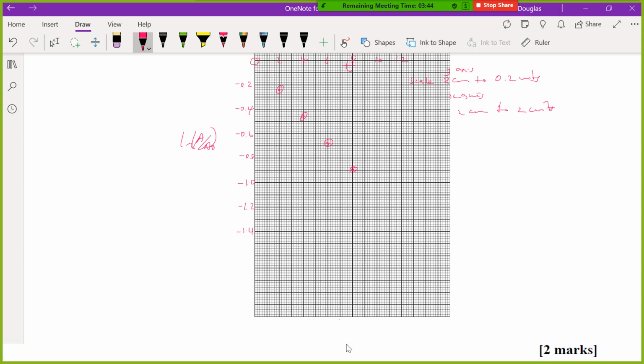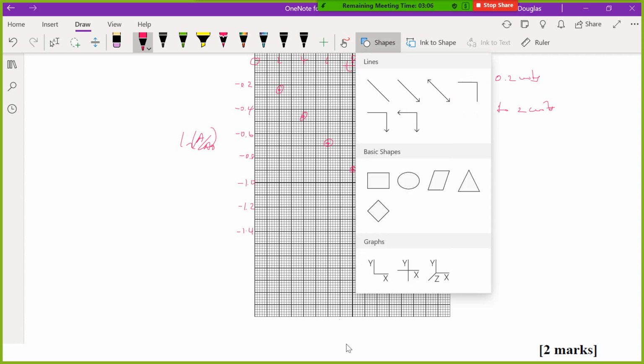This is 1.1, negative 1.13, possibly somewhere here. Right, and then the last one, 12, is going to be just before we reach here, about negative 1.38 would be right here.